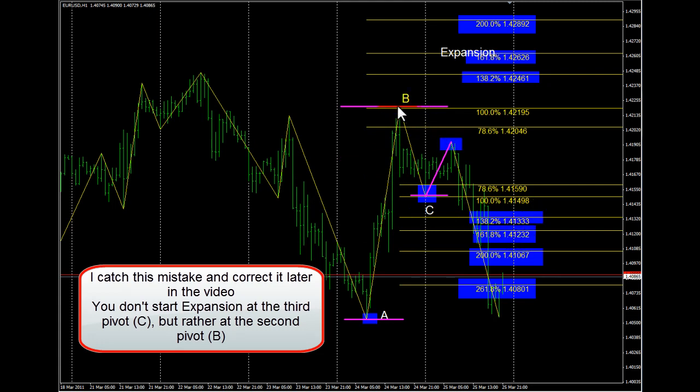We're expanding the BC wave beyond the AB wave. However, we're starting out at point C. So this 100 started out at this level, C, and then went upwards, okay?